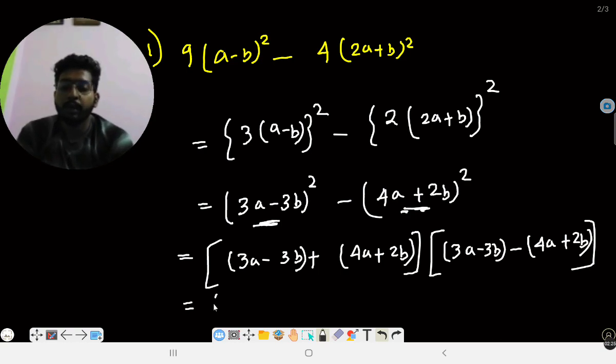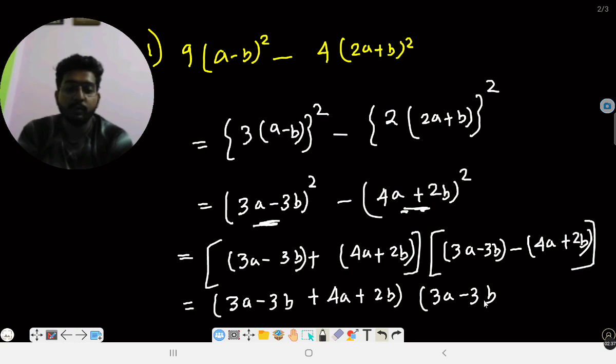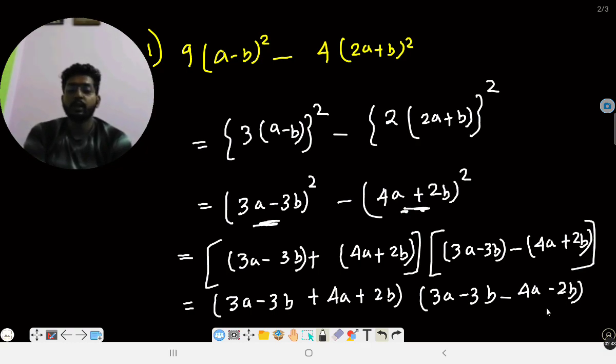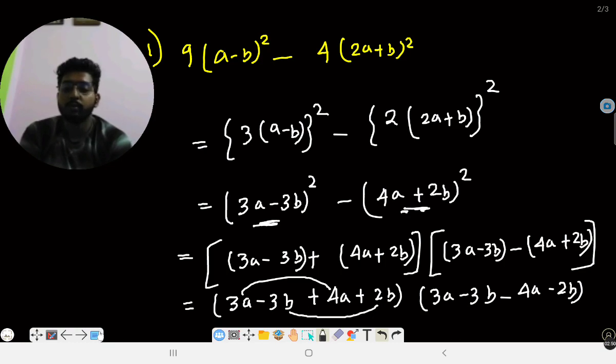Now if I remove the bracket, that will become 3a minus 3b plus 4a plus 2b, and here you can see this is 3a minus 3b, and minus, if I multiply the minus, that will be minus 4a minus 2b. Now 3a plus 4a will be 7a, and minus 3b plus 2b will be minus b.